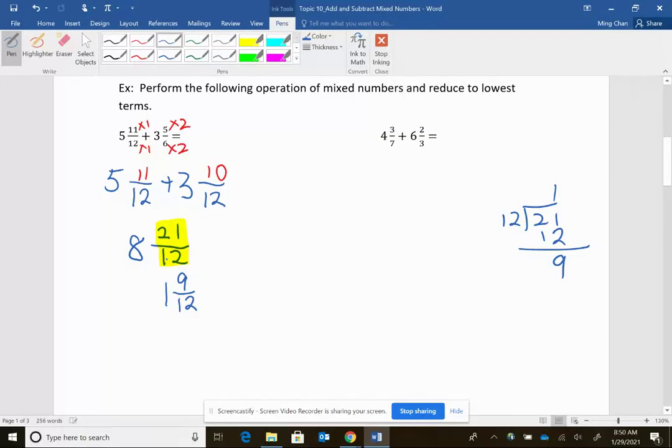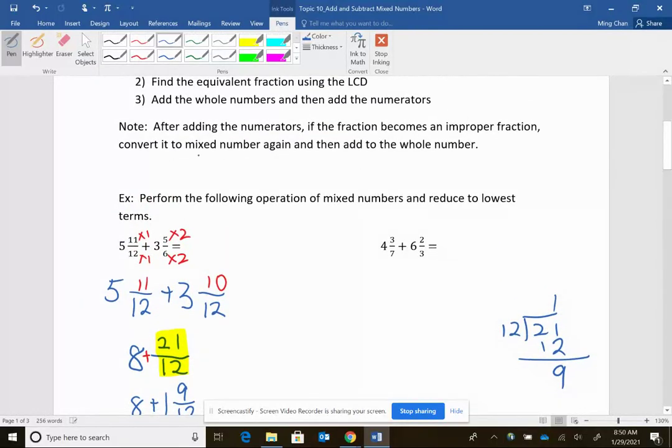Remember, this 1 comes from the 21 over 12. But see, my mixed number answer is a whole number plus a fraction. So theoretically, there is an addition sign in between my 8 and my new mixed number. So we add the whole numbers up again, just like I said right here.